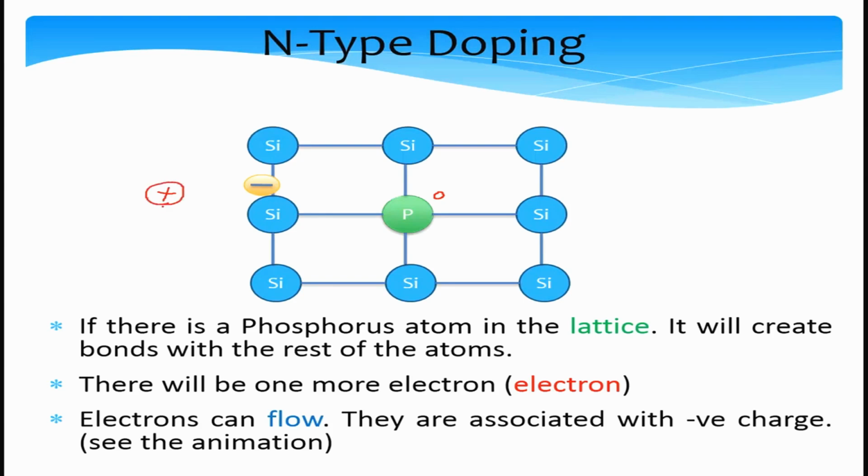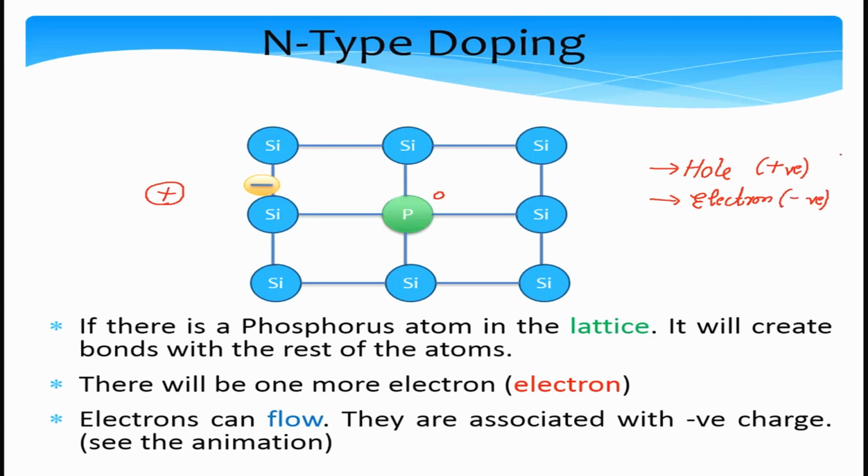All right. So at this point, what are the two important concepts that we have read? We have read the concept of a hole, which is a lack of an electron, but conceptually it can be thought to carry positive charge. And then we have studied about an electron. Electron carries negative charge.